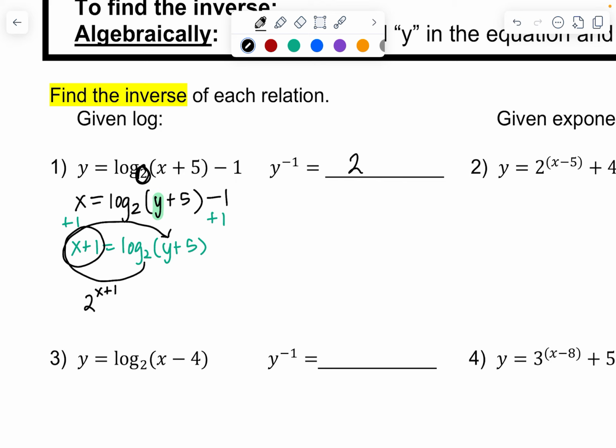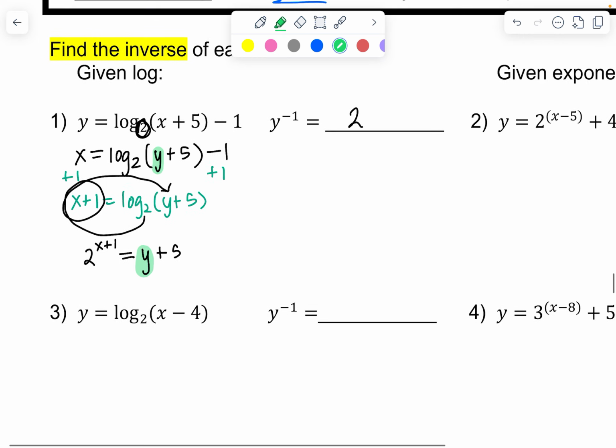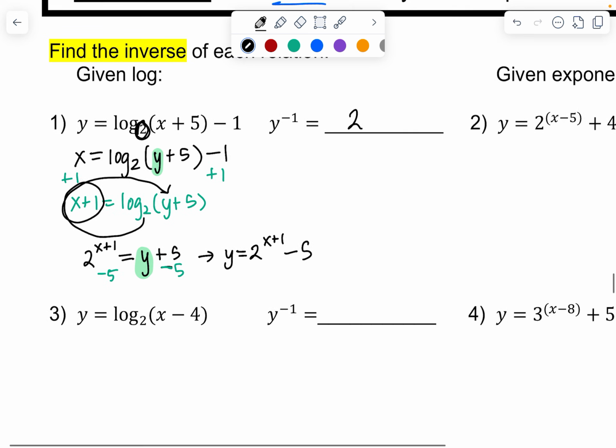So remember, we're trying to solve for y, and we're almost done. We just need to subtract that 5 from both sides. When you subtract 5 from both sides, make sure you don't put it up in the exponent. And so our final answer is going to have y by itself. You're going to have 2 to the x plus 1, and then minus 5 outside the exponent.